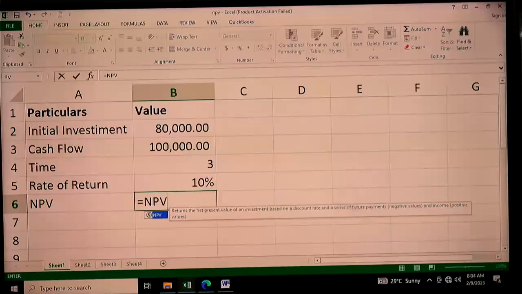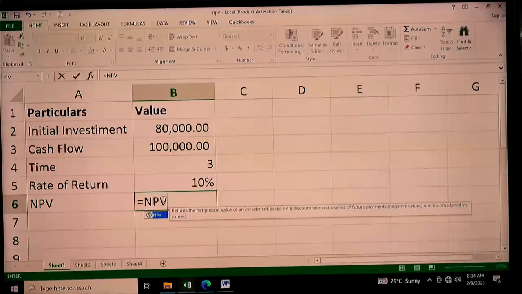That one you have to highlight. Payments will be negative, and incomes will be positive values. If you are not given a series of these payments, then this function will not work. You will not use it.